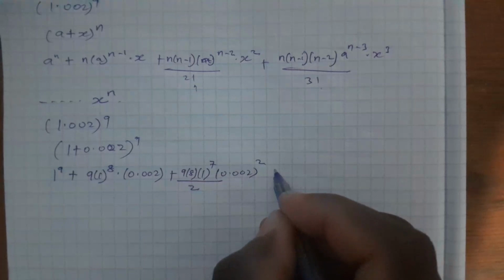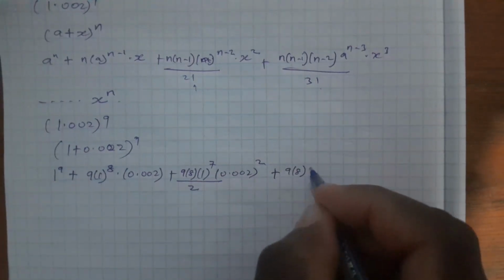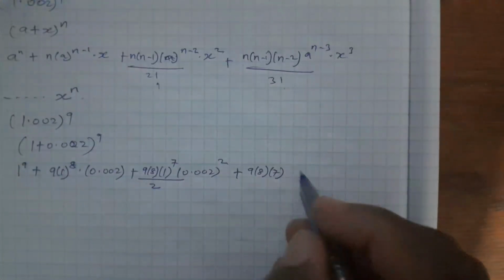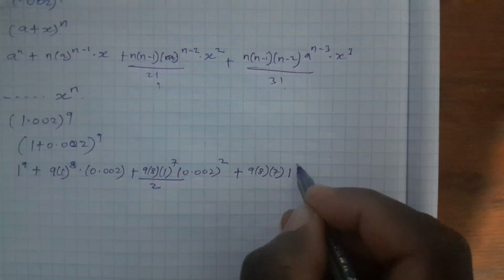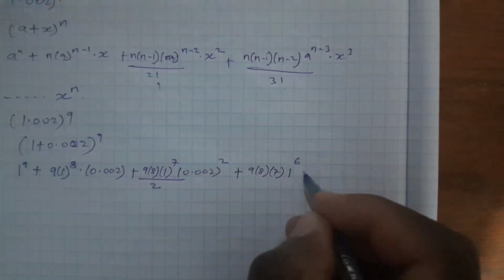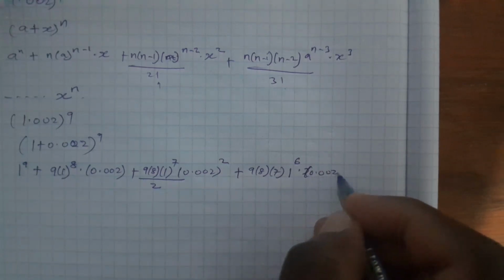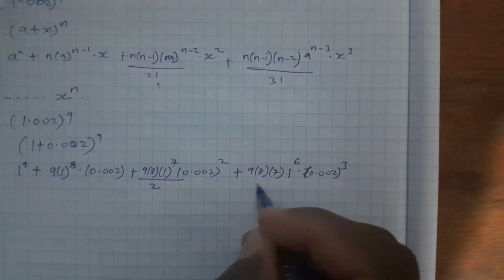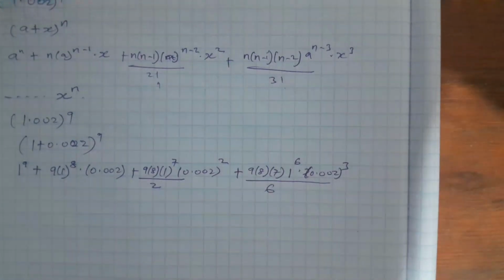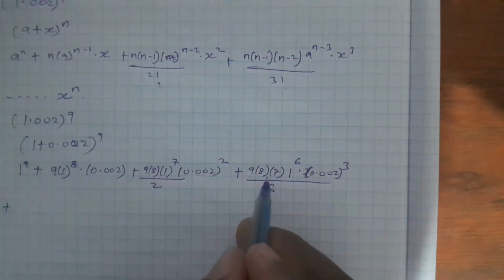You proceed, and now you have 9 times 8 times 7, times 1 raised to power 9 minus 3, which is 6, times 0.002 raised to power 3, divided by 3 factorial, and 3 times 2 is 6. And you proceed with your expansion.